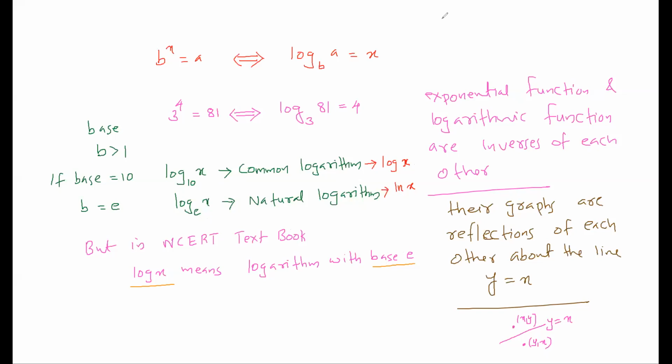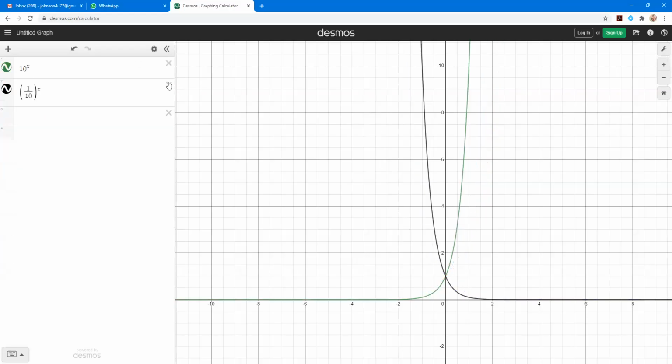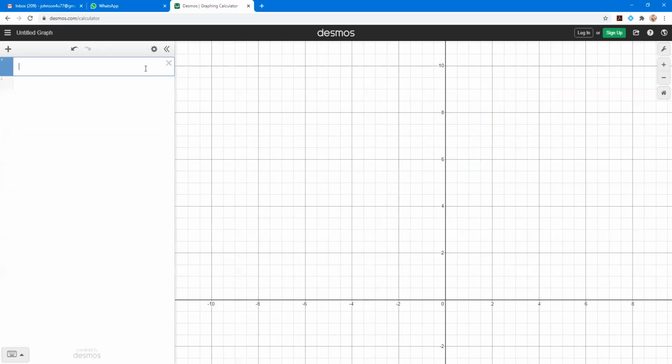Okay, now I will show you the graph. Look, 10 to the power x, exponential function.